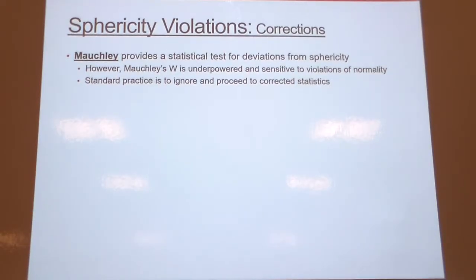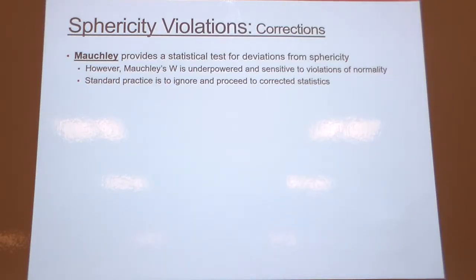So what we do with our repeated measures designs, and there are different ways to do this. There are ANOVA approaches that I wouldn't recommend, because we have corrections to our F test that do a reasonable job of correcting for violations of sphericity. Mauchly's test, which is provided in SPSS, will tell us whether or not we have violations of sphericity.